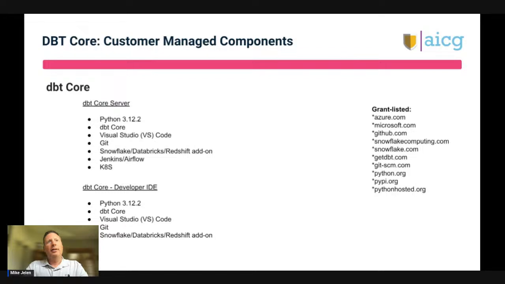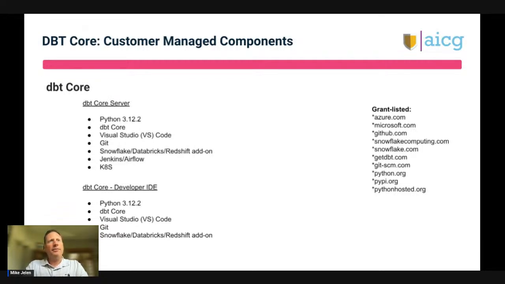And then using a check-in, check-out DevOps CI/CD approach, you're able to then push those changes to the server. And from there, the server will run and execute your job or jobs at the end of the day.